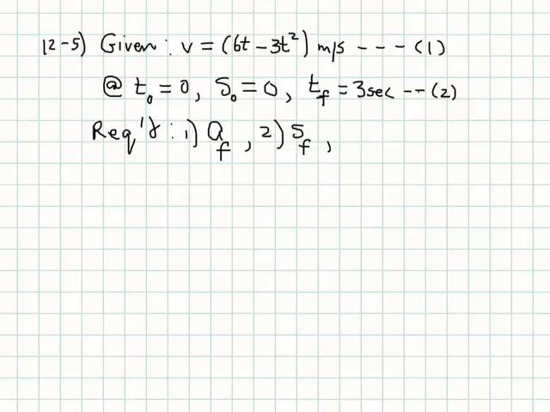We need the total distance that the particle has traveled during this 3-second interval, and we also want a fourth component, which is the average speed. So we want v average.